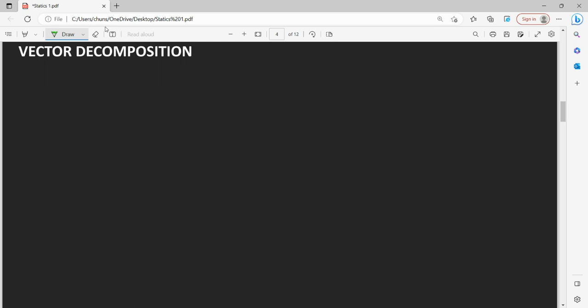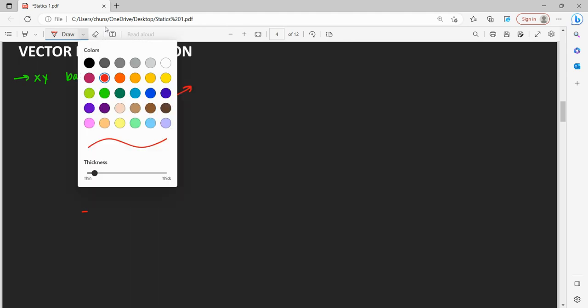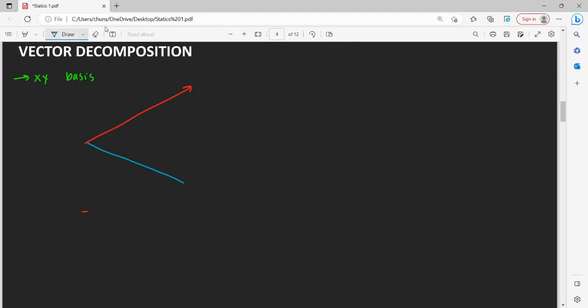If that is not really your style, you can do vector decomposition, but this only works if you have an x, y basis, right? So if you have a vector, you can always break it down into x and y components. So I'll draw that better. Right, this is also another option you could always use.